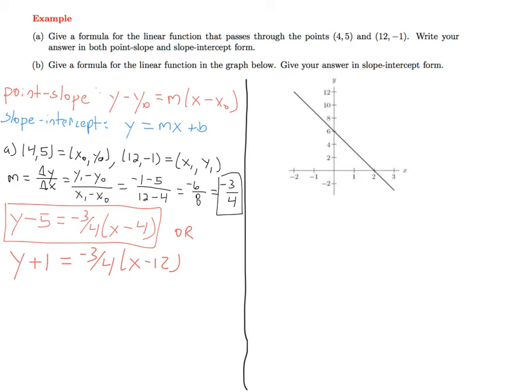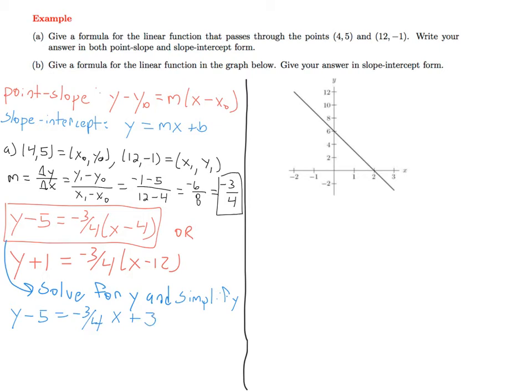For slope-intercept form, I can now take either of these. So since I did this one, I'm going to use that for my point-slope form, and I'm going to just simplify this equation, solve for y, and simplify. So distributing the -3/4 up here to both the x and the -4, this gives me -3/4 times x plus 3.